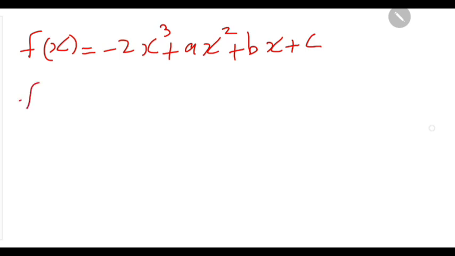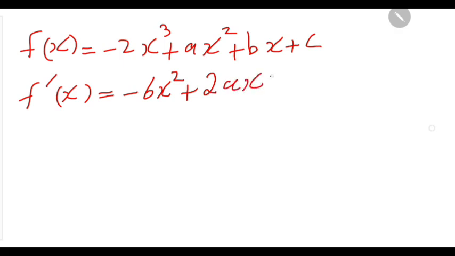The first derivative of f of x, 2 times 3 is 6, negative 6x power 2 plus 2ax plus b. We are differentiating with respect to x, so the derivative of c, a constant, is going to be 0. Now use the turning points to create a system of equations. So we must remember at the turning point the first derivative is equal to 0.